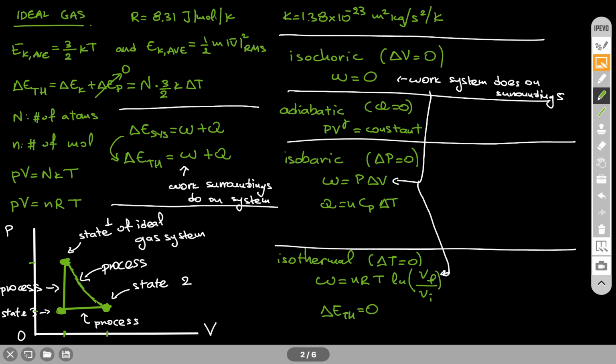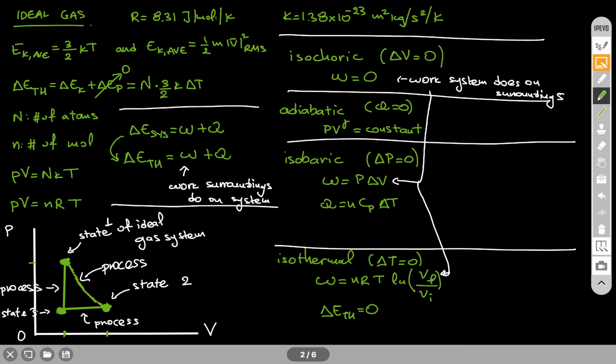I know everything about state 1, I know everything about state 2, I know everything about state 3. So I have all the information about the 3 states. I did the work for the process going from 1 to 2. Now I need to work with the process going from 2 to 3. And as I said, here the pressure stays constant. So I have an isobaric process.